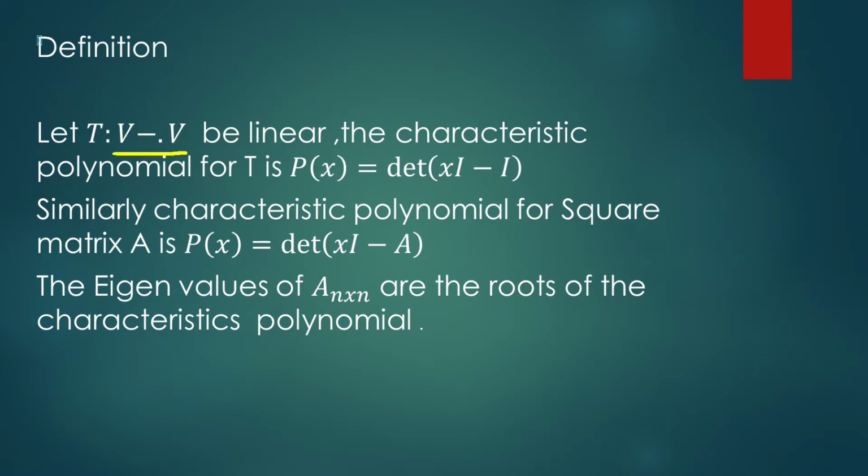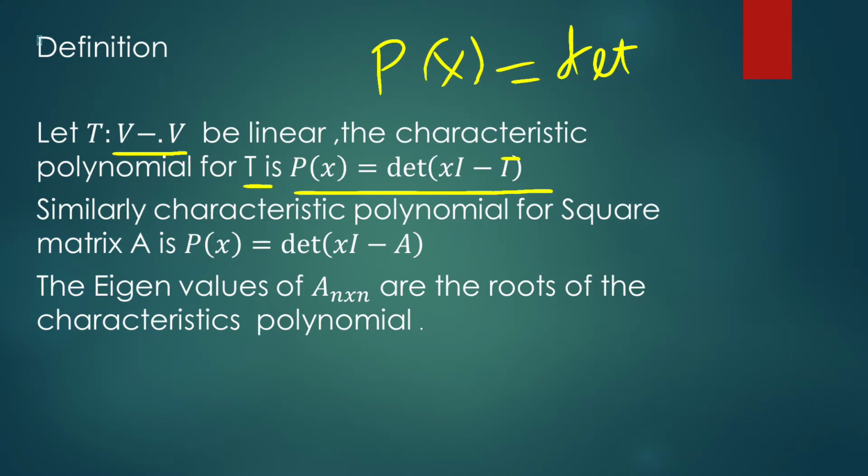The characteristic polynomial for T is p(x), given by the determinant of xI minus T. Actually this should be T, because we are having the polynomial p(x), and we get the determinant of xI, whereby I is the identity matrix, minus T the transformation. So that will give you the characteristic polynomial.